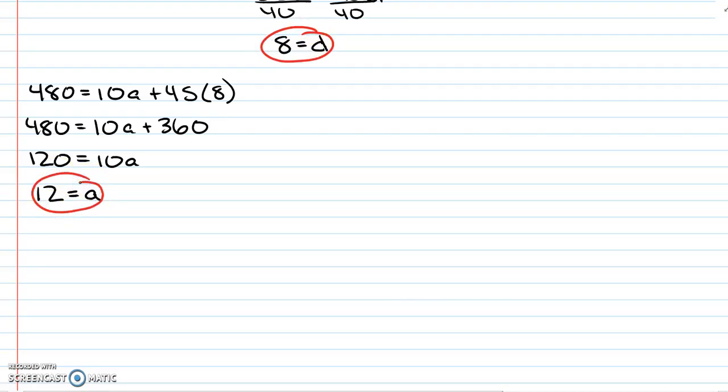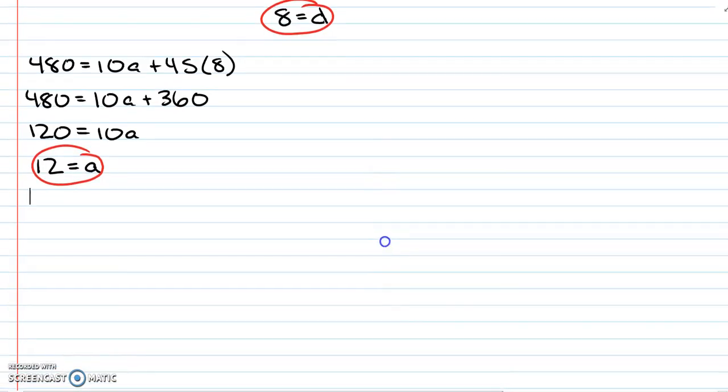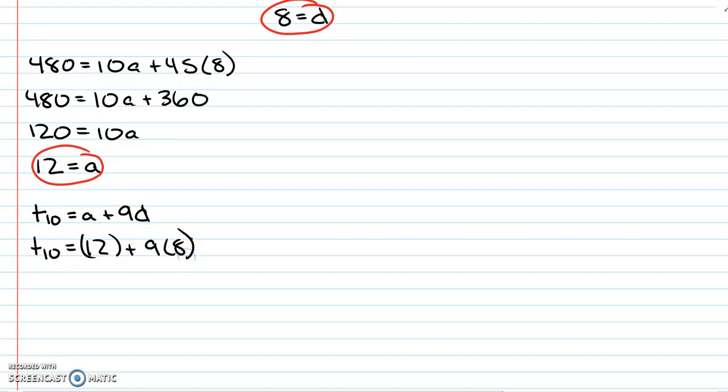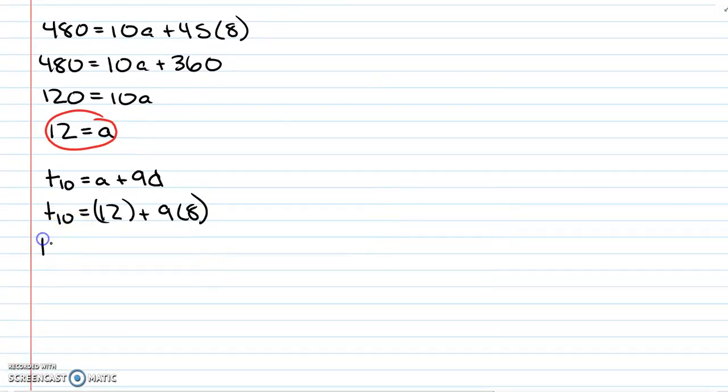What we can do is return back to that first equation that we were focusing on, which was T10 is equal to a plus 9d. Since we now know our a and d values, we can simply plug them in. T10 is equal to 12 plus 9 times 8. So T10 is equal to 12 plus 72.